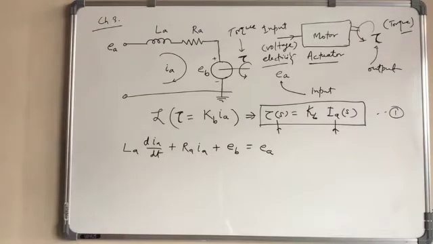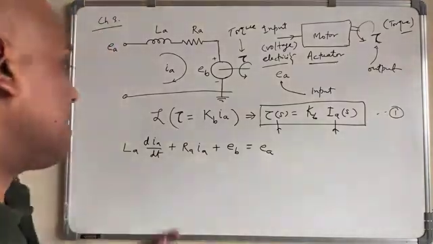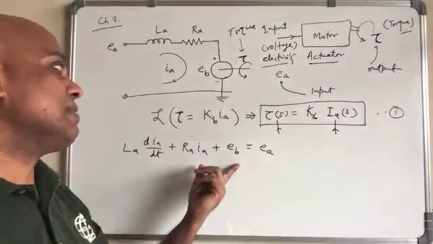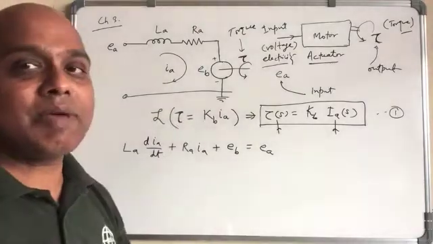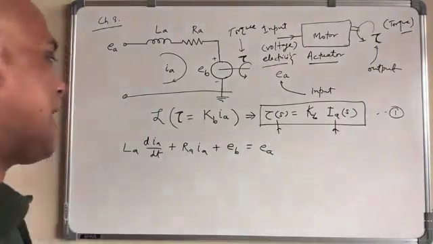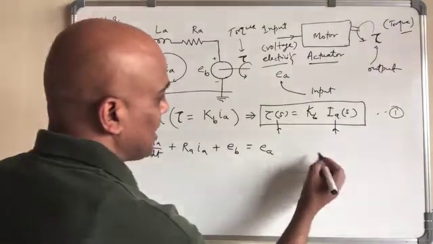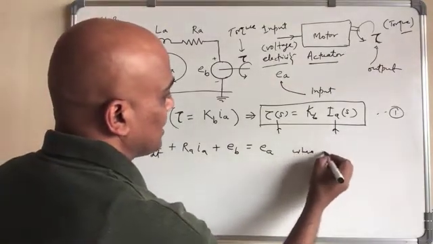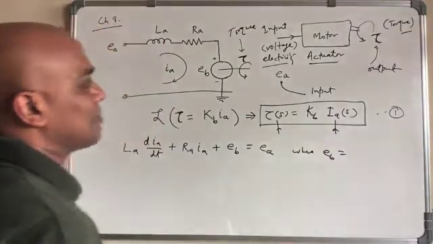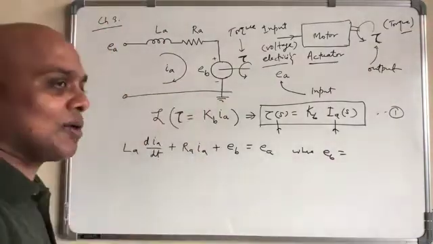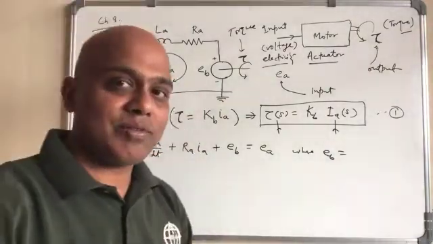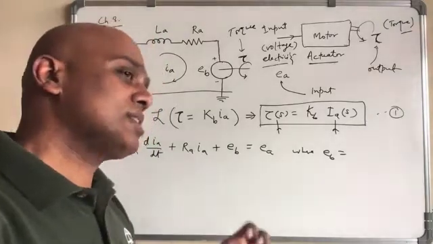Okay. Now Eb, what is Eb? Eb is the electromotive force, and Eb also has a relationship. Eb depends only on the velocity, it's a back EMF, and the magnetic field is constant for that.